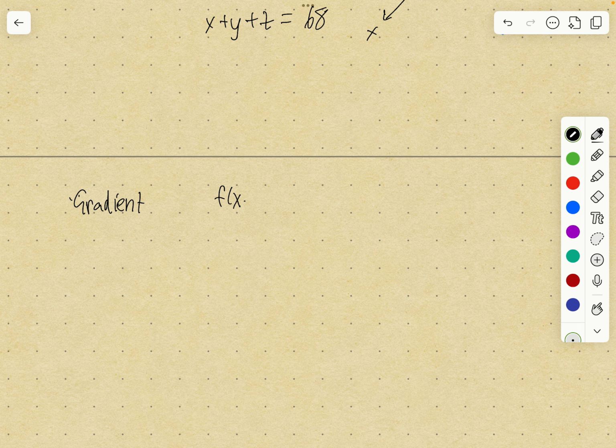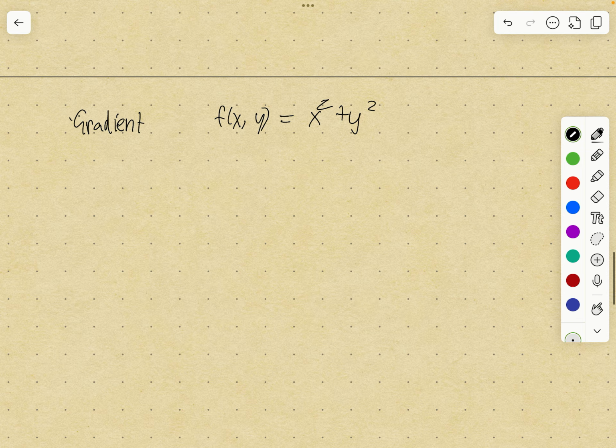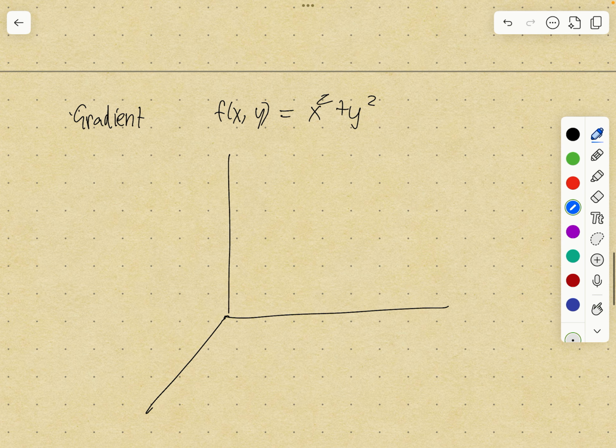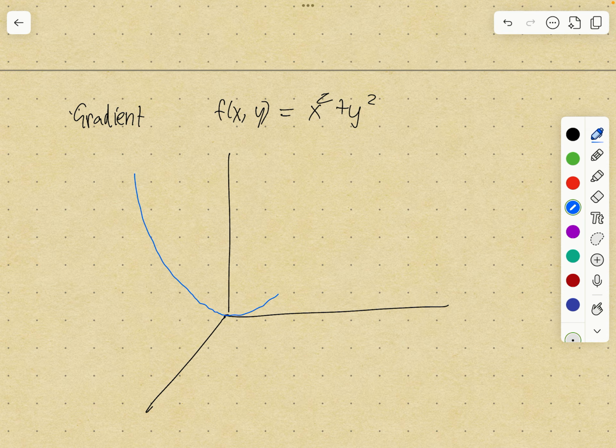Let's say that you have the function f of x, y equals x squared plus y squared. Okay? So the graph is this paraboloid. You just take a parabola and then rotate it. And you get this bowl shape.